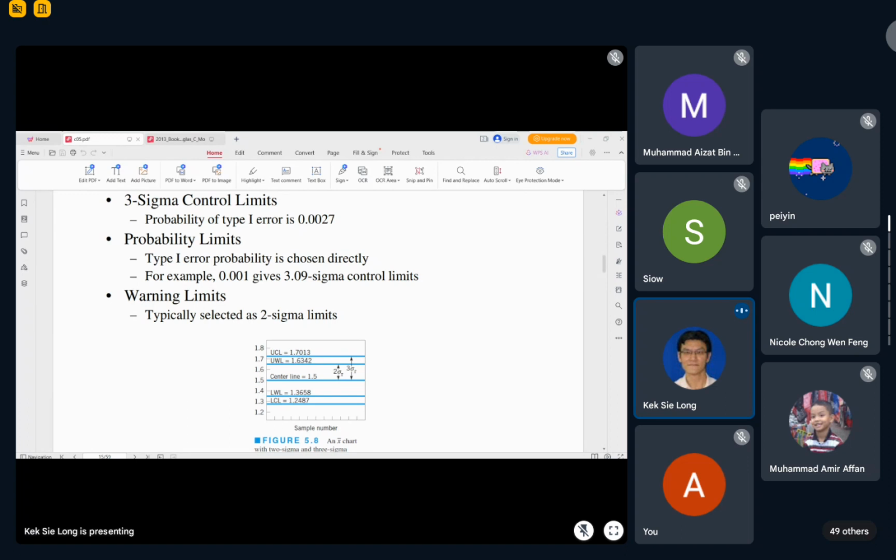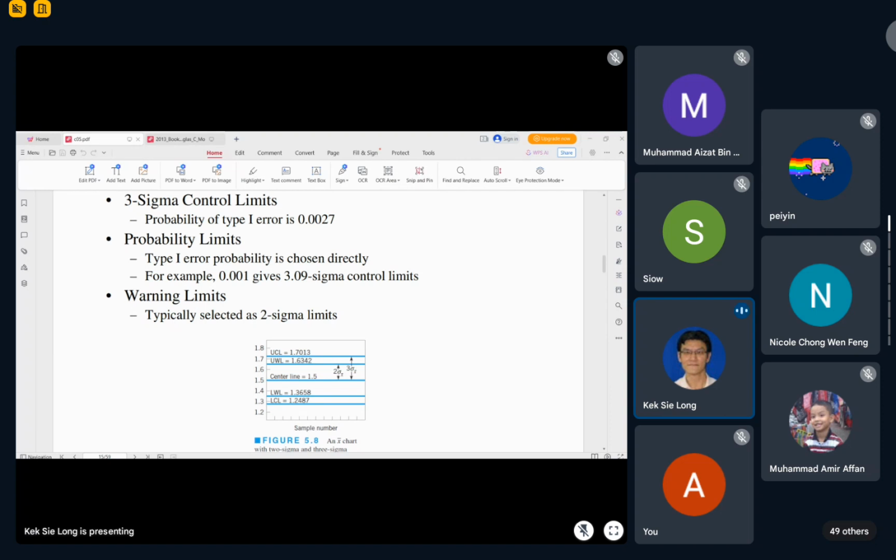If we consider the hypothesis, it is the probability of rejecting H null when H null is true.